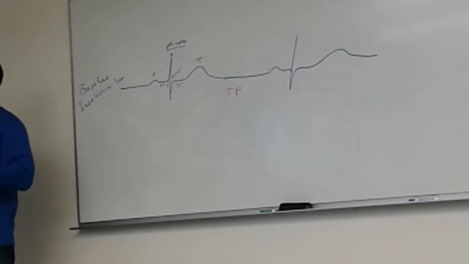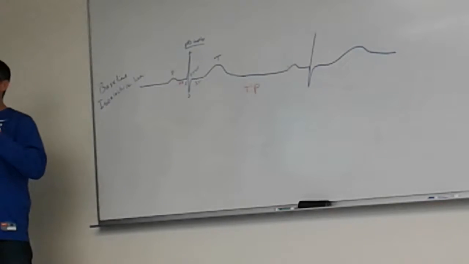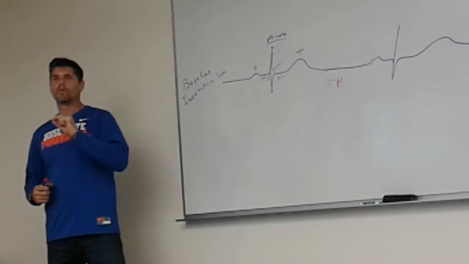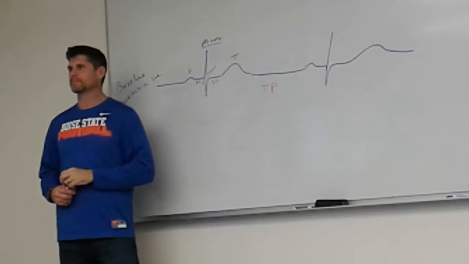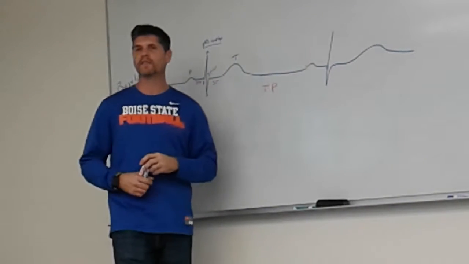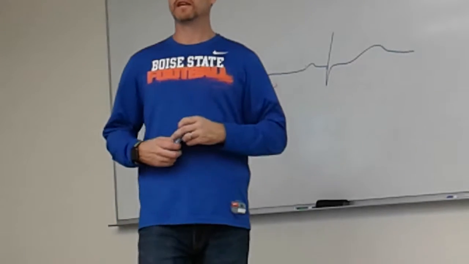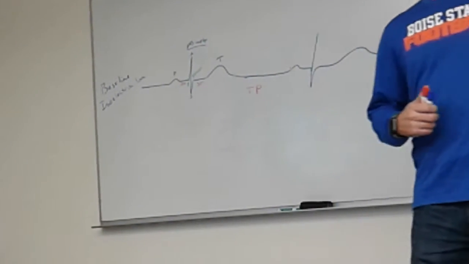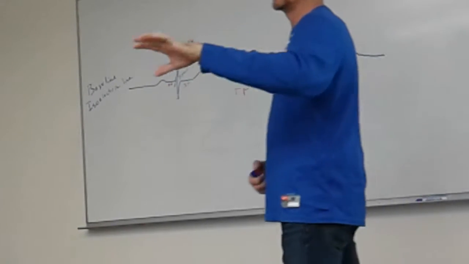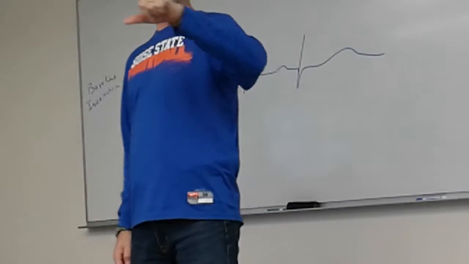Under most circumstances, the place that you want to look to find where that isoelectric line actually is, is the TP segment. So a couple of weeks ago, I gave you a laminated ruler. And that laminated ruler was translucent. You could see through it, and it had a red line in the middle of it, right?